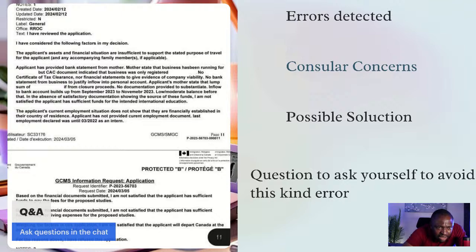Mother states that the business has been running for X amount of years, but CAC documents indicate that the business was only registered recently. No certificate of tax clearance, nor financial statements to give evidence of company viability, no bank statement from business to justify inflow into personal account.